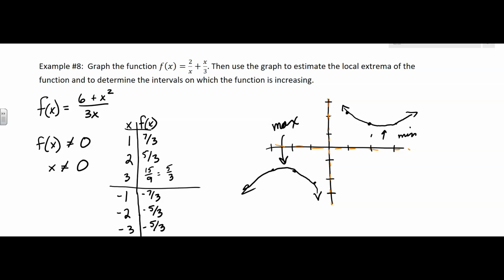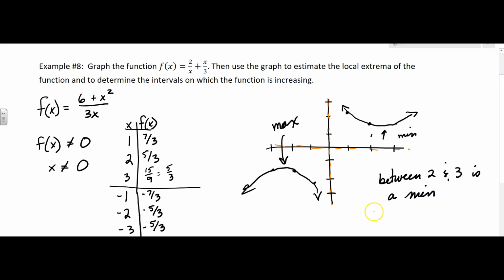They just kind of show you how you can trace it and find the actual max and min. What did they ask us to do? Estimate? Well, somewhere between 2 and 3 there's a min. So between 2 and 3 is a local min, I should say.